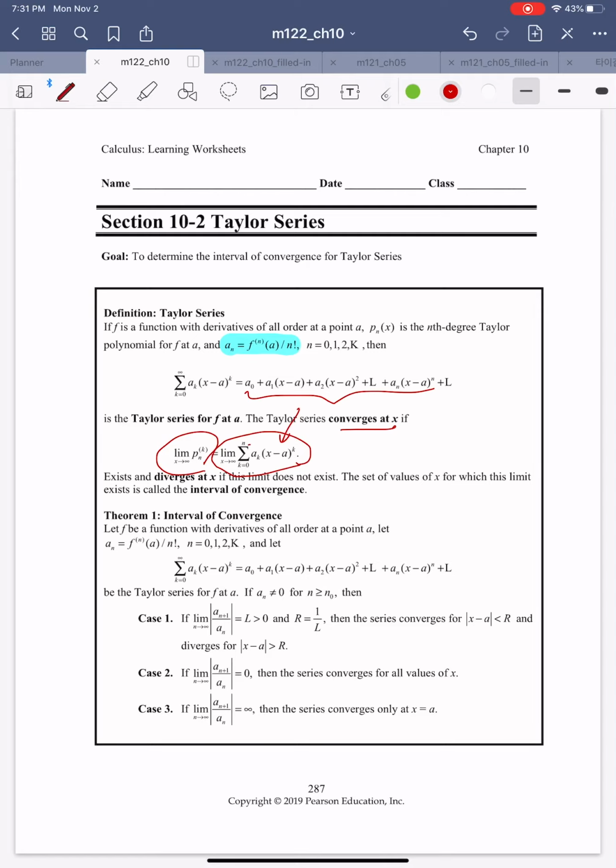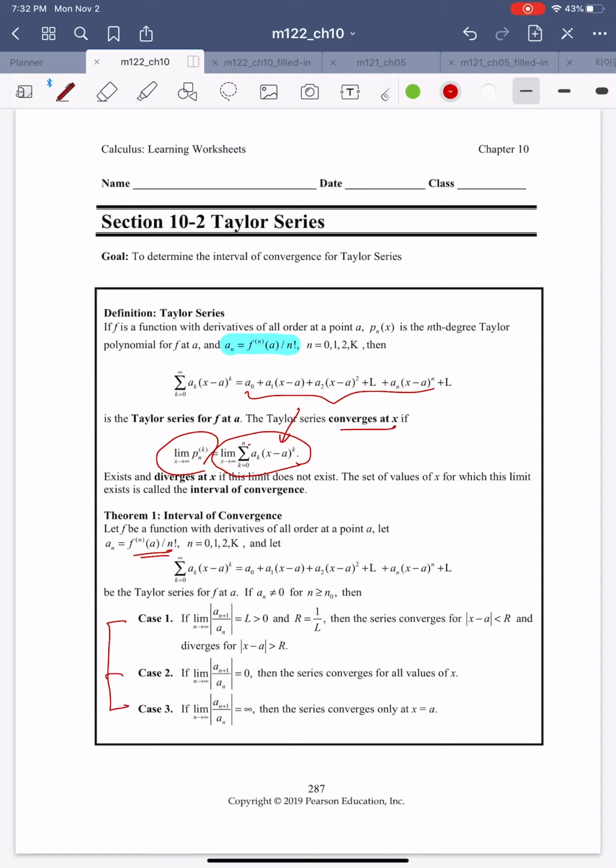Theorem 1, interval of convergence. Let f be a function with derivatives of all orders at a point a, and let a sub n be the coefficient of our Taylor polynomial. Then there are 3 cases, and this might look very familiar. That's actually the ratio test from 121.